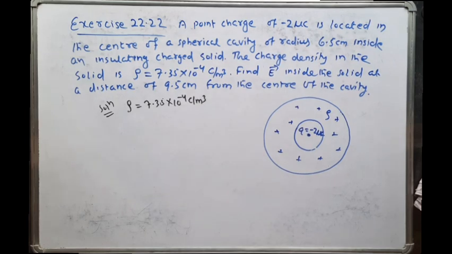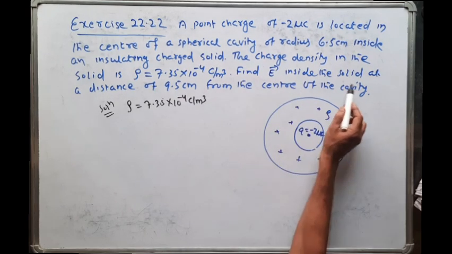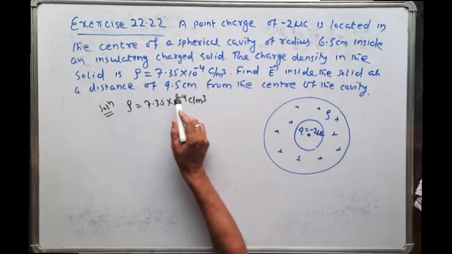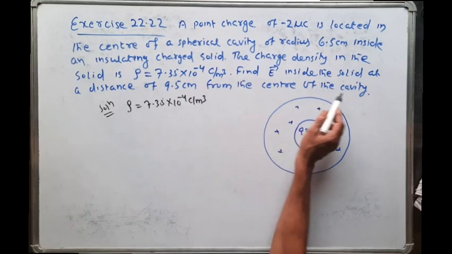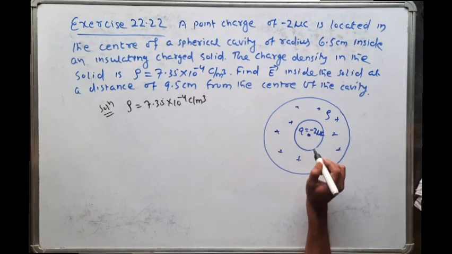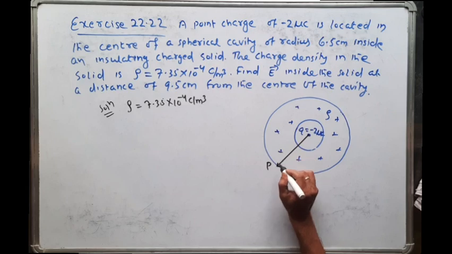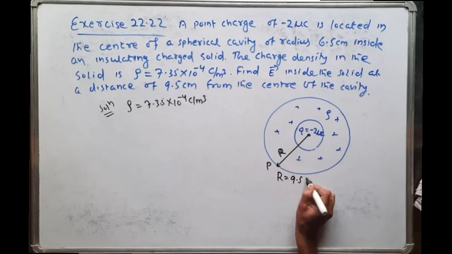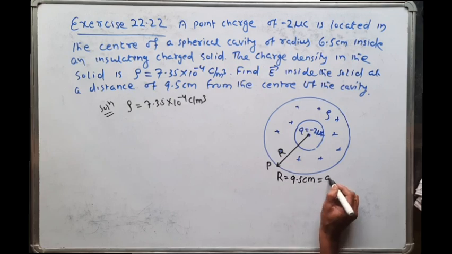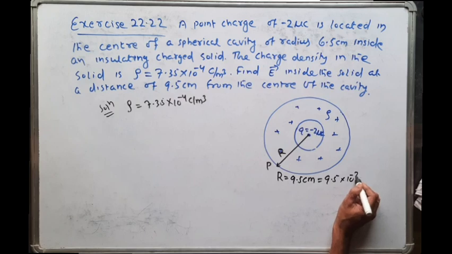So you have to find the electric field intensity inside the solid at a distance of 9.5 centimeter from the center of the cavity. Let us say this is a point P, which is at distance R. So R is equal to 9.5 centimeter, which is equal to 9.5 into 10 to the minus 2 meter.